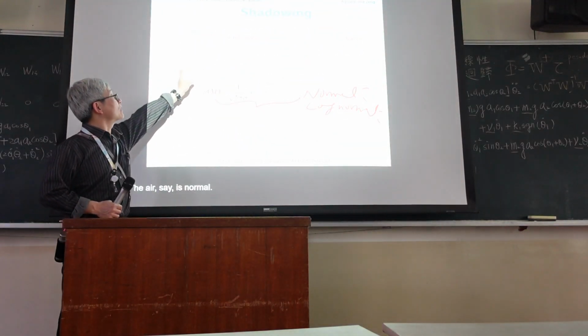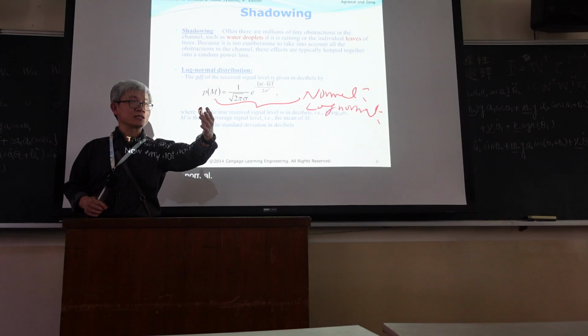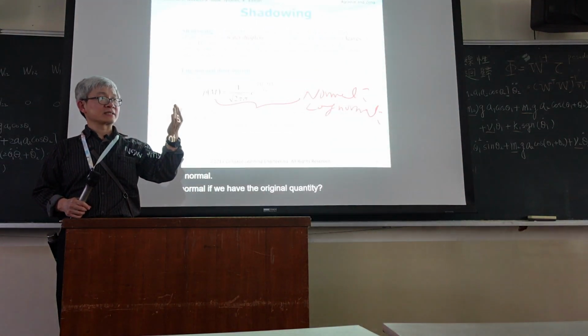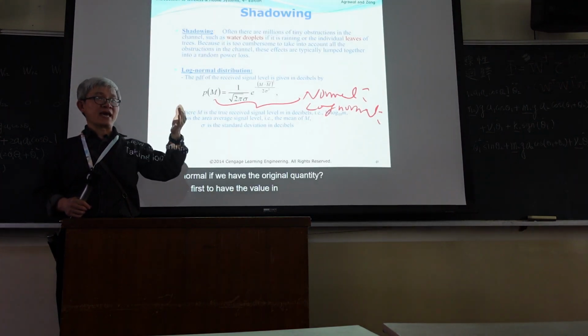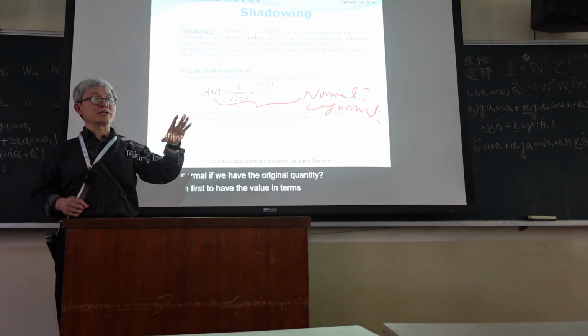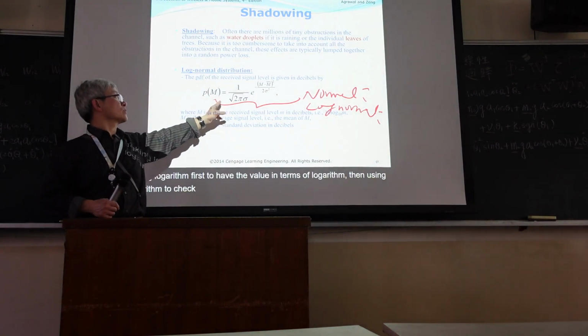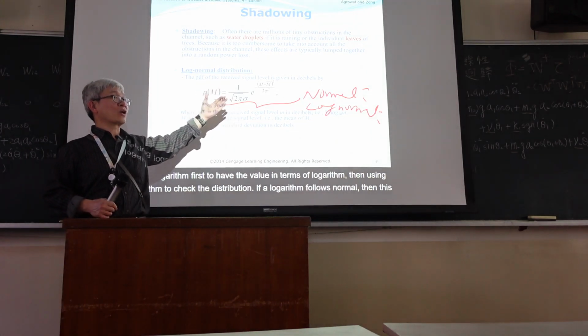But why not normal? If we have the original quantity, we take the logarithm first to get the value in terms of logarithm, then use the logarithm to check the distribution. If the logarithm follows normal, then this kind of distribution we call log normal.